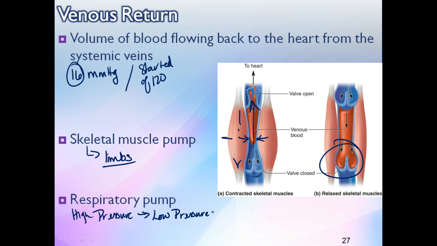If this is the case and we need to get blood back to the heart, we have two options. We either need to make the pressure in our abdominal pelvic cavity higher or the pressure in our thoracic cavity lower. Well, our body uses the second option.